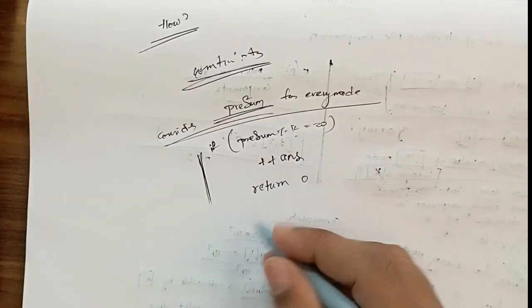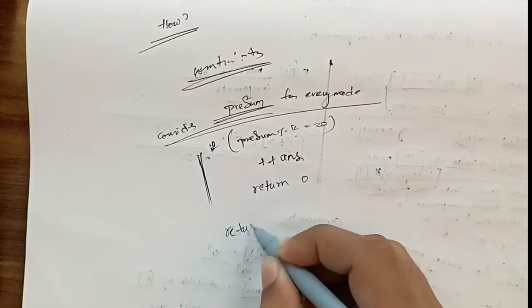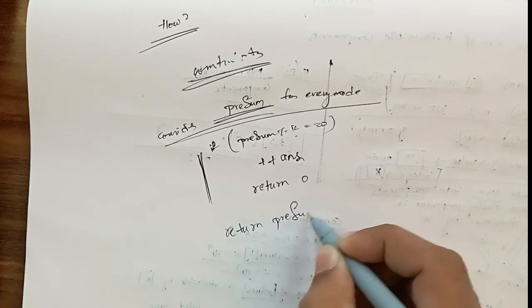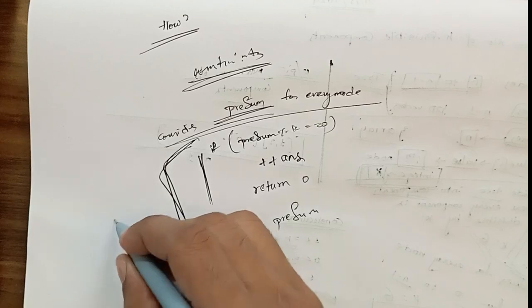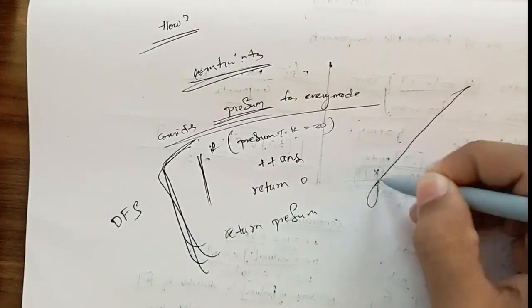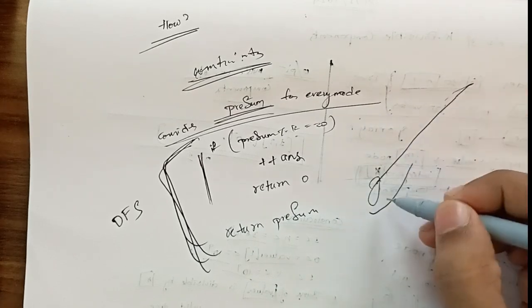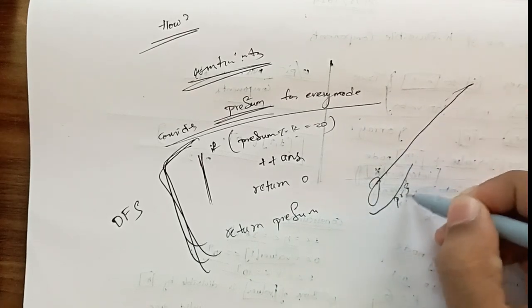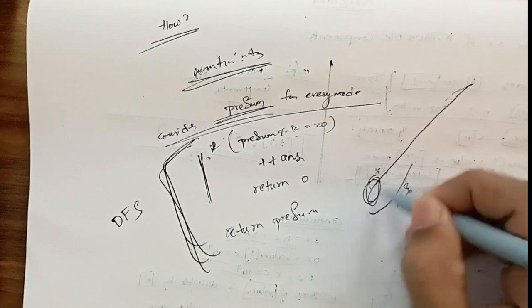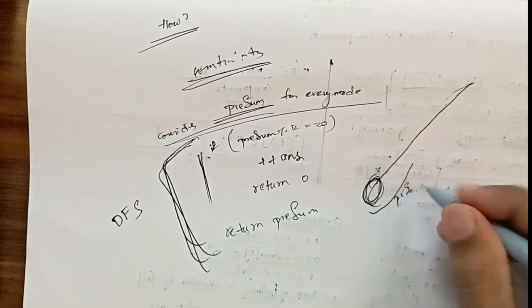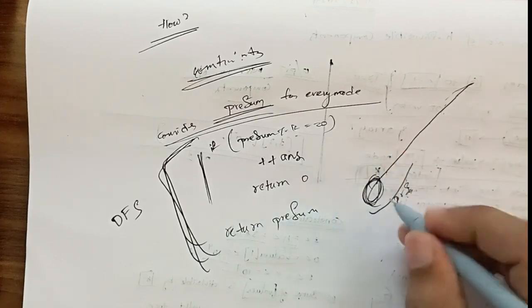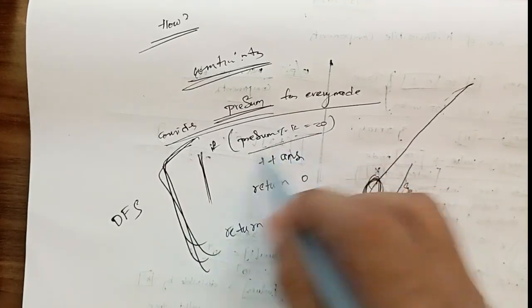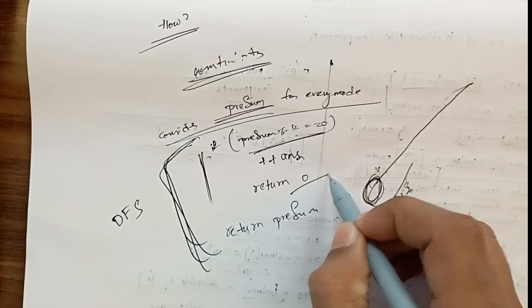Else if it is not, then we'll be returning the prefix sum. So this will be in our DFS algorithm. As I said, we'll be coming to the end and going through. We'll be sending the prefix sum, or if it is divisible by k, we'll be returning 0.